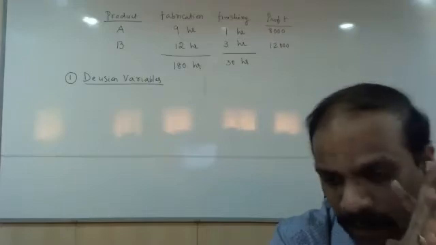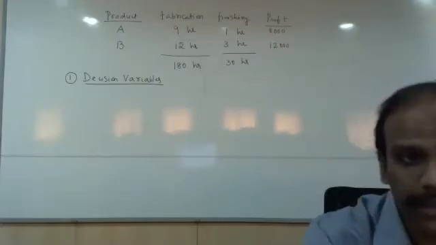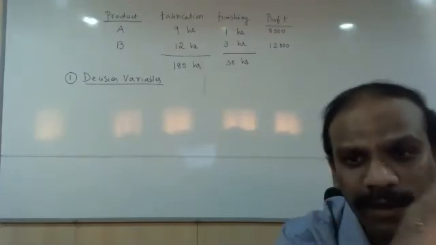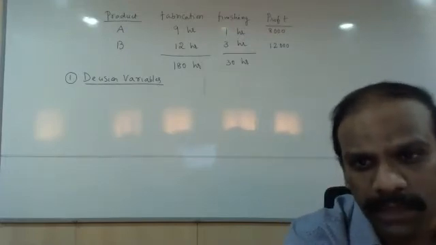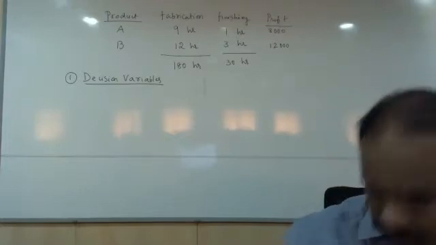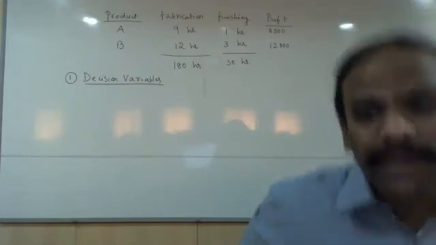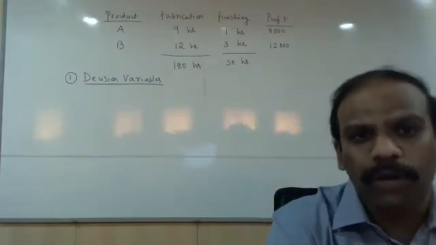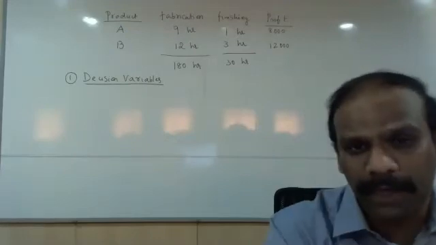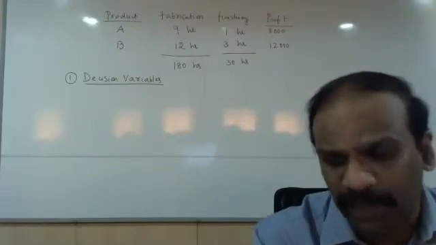The first thing. Okay. So before I talk about decision variables, I want to give you a very important logical background for all linear programming problems. I think with that, all other questions become easier. First, all linear programming problems we normally classify into 2 types. This is a very important step in LPP. I want everyone to please understand this very carefully.